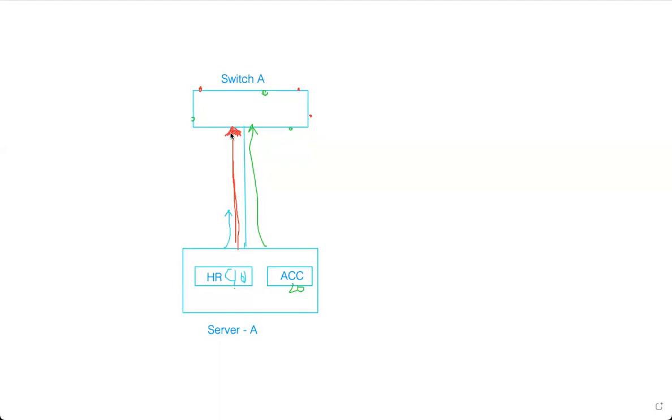So it's going to send those packets to the ports which are configured with this red tag value, which is just the VLAN tag. Similarly, if the accounting team is sending the data, it will send the packets to the ports attached with the green tag, which is VLAN 20.